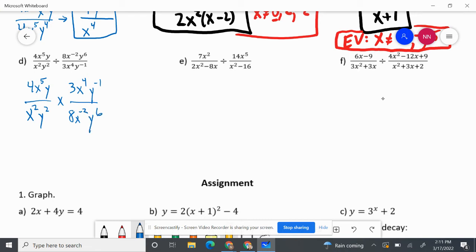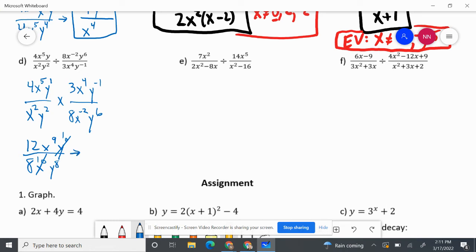We're going to multiply across. 4 times 3 gives us 12. X to the 9th. This is a 1, and 1 plus -1 is 0, and anything to the 0 is 1. 8 times 1 is 8. X squared, x to the -2, gives us 0. X to the 0, of course, is 1 also. 2 plus 6 gives us 8.